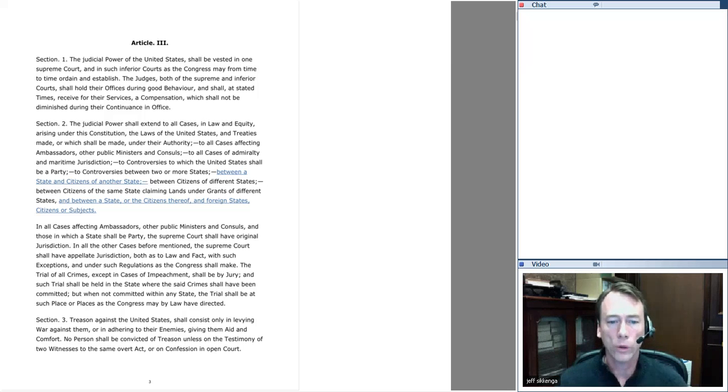So the judges have independent tenure, and that tenure is not dependent on what people think of their decisions. Unless there's obvious negligence or gross misconduct, just because you disagree with a decision doesn't mean that they're behaving badly, so to speak. So that's the second thing, independent tenure.